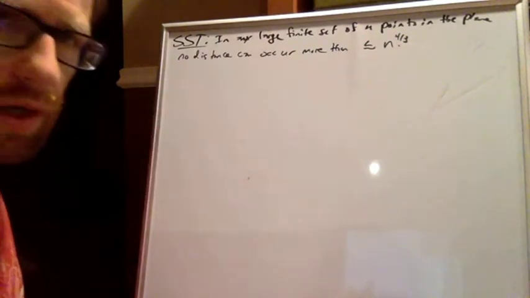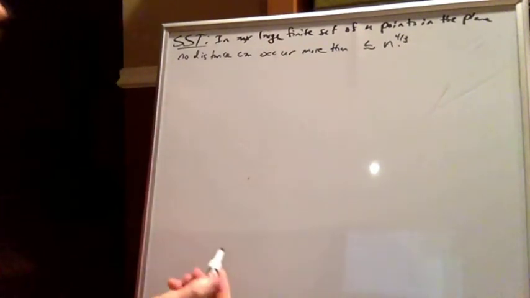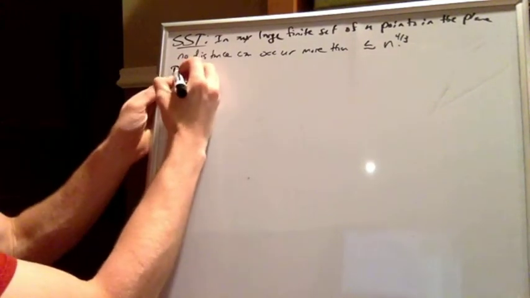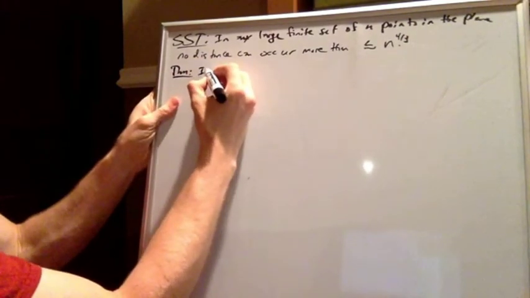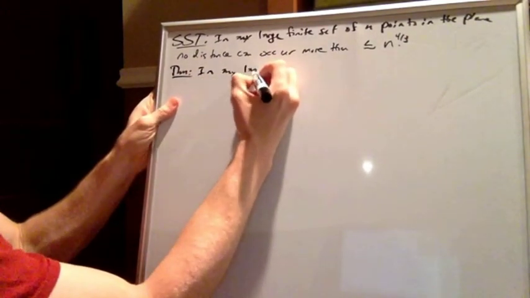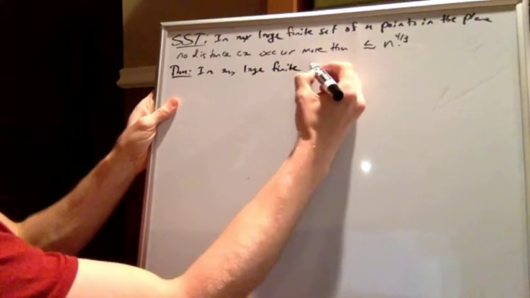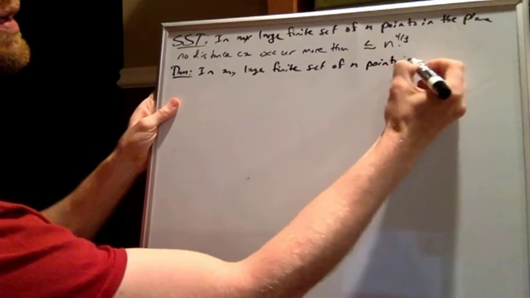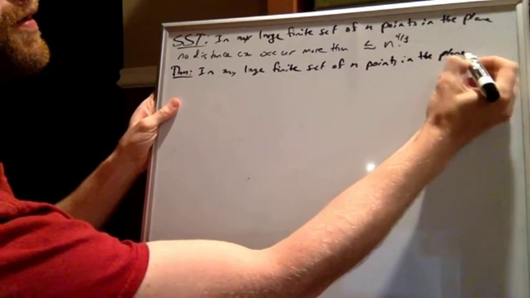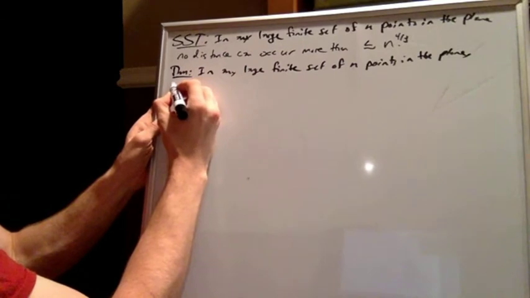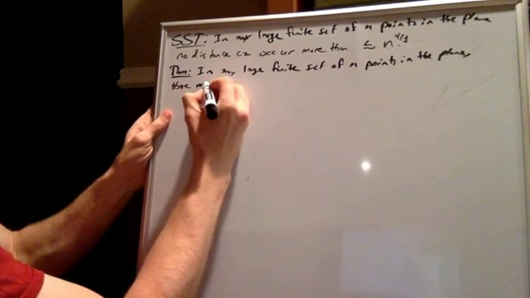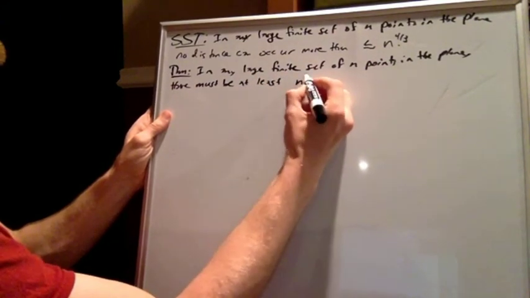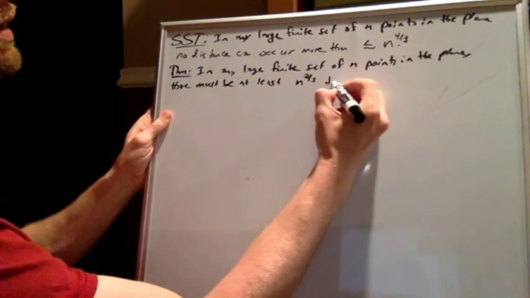So I want to do a quick application of this fact, and I want to apply it to the distinct distances problem. So theorem: in any large finite set of n points in the plane, there must be at least n to the 2/3 distinct distances.